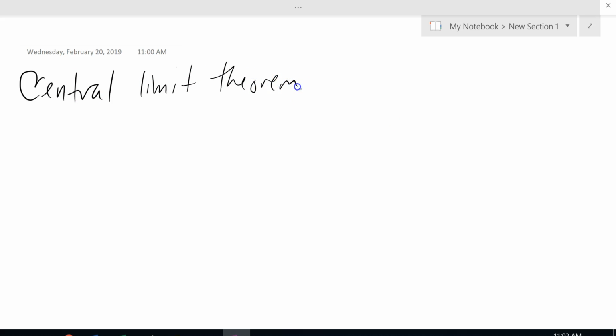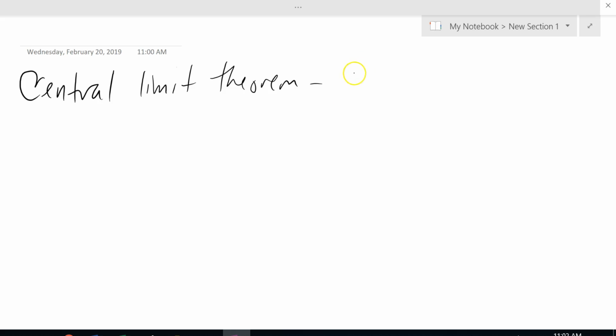So let's talk about test type of things. Of course, you need to remember the central limit theorem. What did that say again? We can use normal approximations when we have a lot of sample.